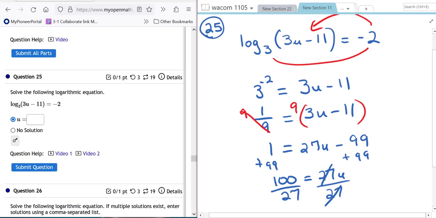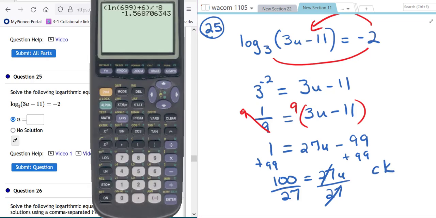Now we have to go back and check. All right, so I'm going to get a decimal for that. So I have 100 divided by 27 equals, and that is going to be times 3.